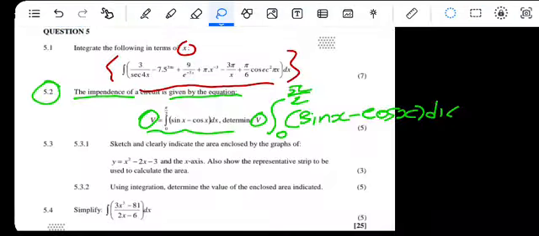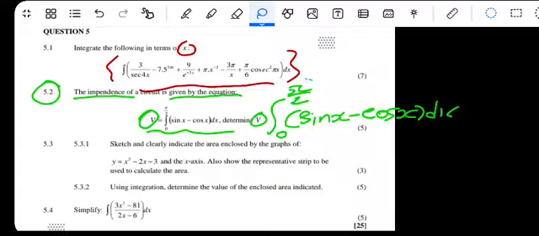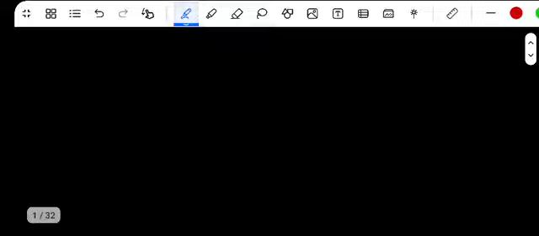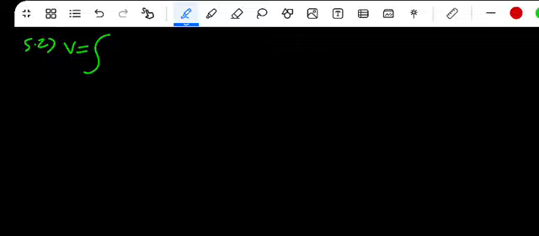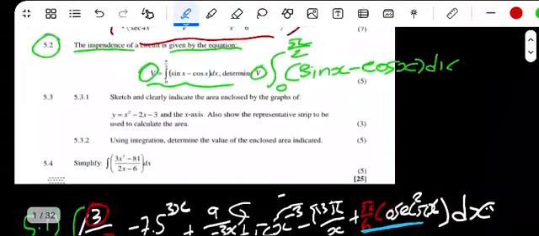How can we go about determining this there? All right, I can write that. We have 5.2. They say v is equal to the integral from 0 to 2 pi over 2.